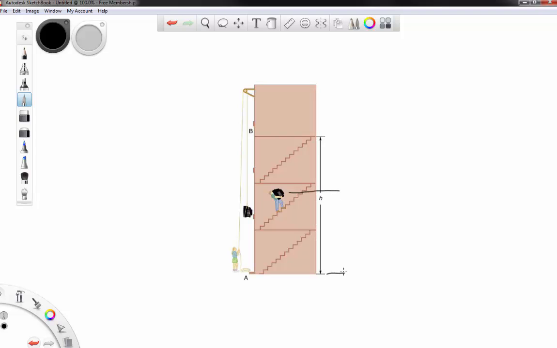So this could be your height equals 0, and so then your current height would be this. You might choose the floor below to be your height equals 0, in which case you'd use as your height this value. You might choose the distance above the stair that this guy is lifting it to be your height, in which case your initial height is this value.